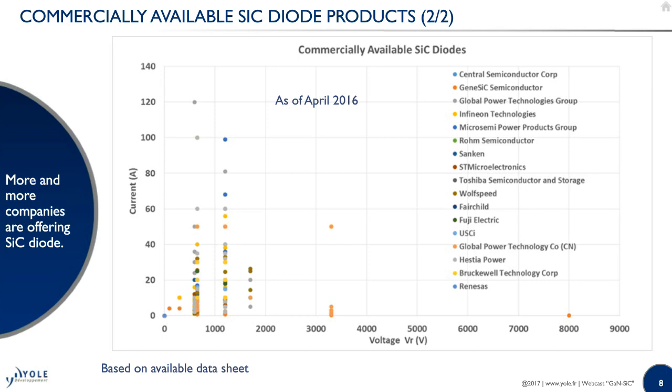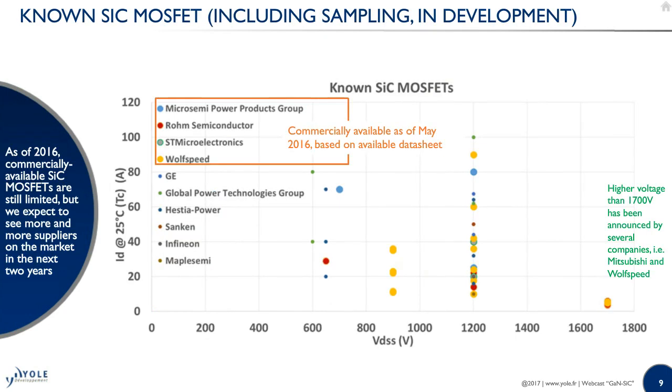So we also note another device that is made, the MOSFET, and in the year 2016, compared to diode products, there are only 4 companies that have commercially available silicon carbide MOSFETs, which are Microsemi, ROHM, ST, and Wolfspeed.